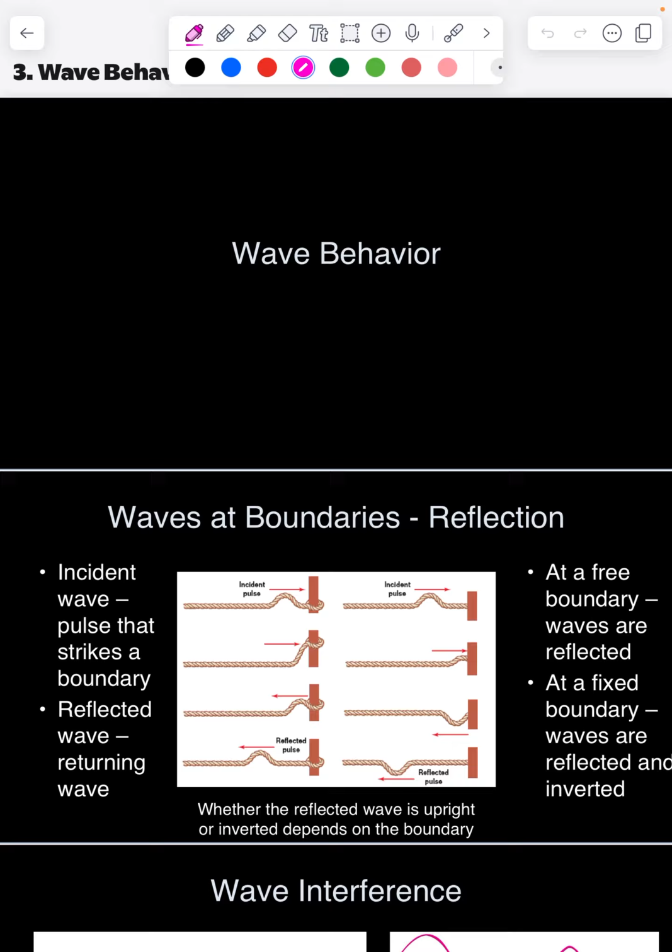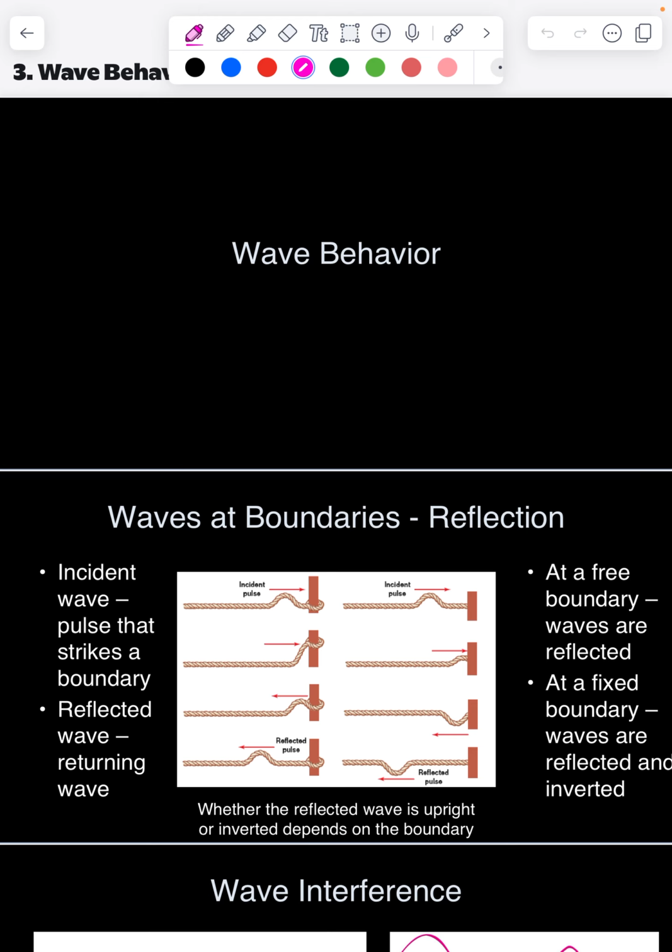We also talked about how frequency and period are inversely related. And then we got a new equation, the wave speed equation. So we now know that wave speed can be found by multiplying the frequency times the wavelength.